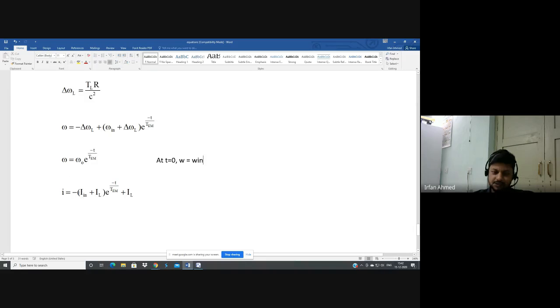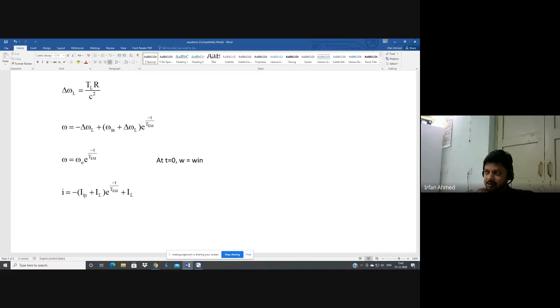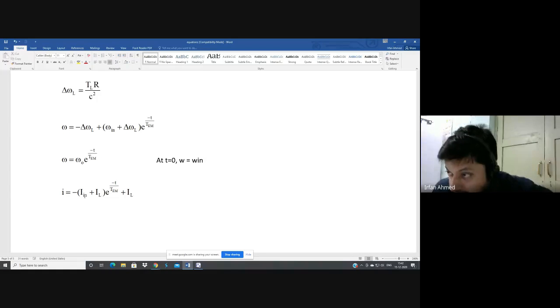This I in is the initial current. Can anyone tell me what is the value of this I in? K phi omega N by R. Yes, it is K phi omega or C omega upon R. But it is simply the back EMF divided by the armature circuit resistance.